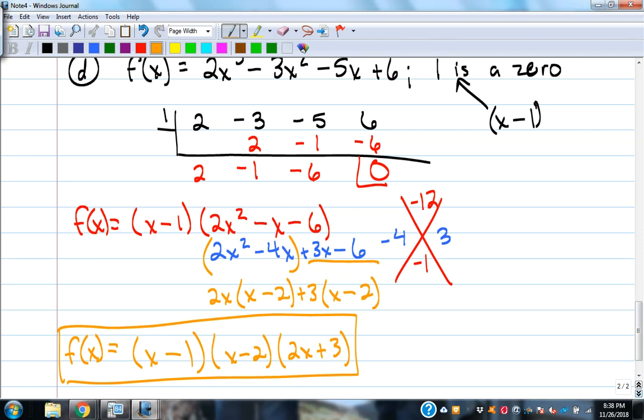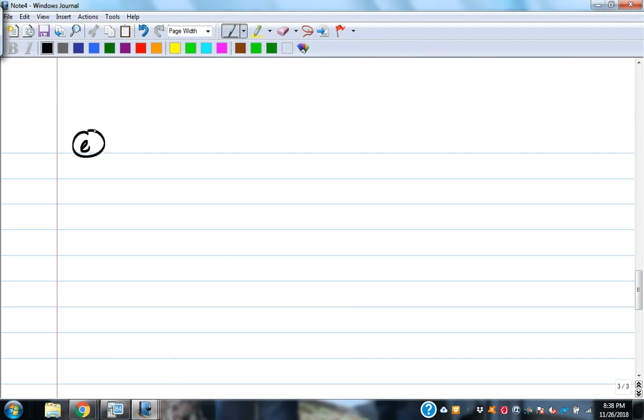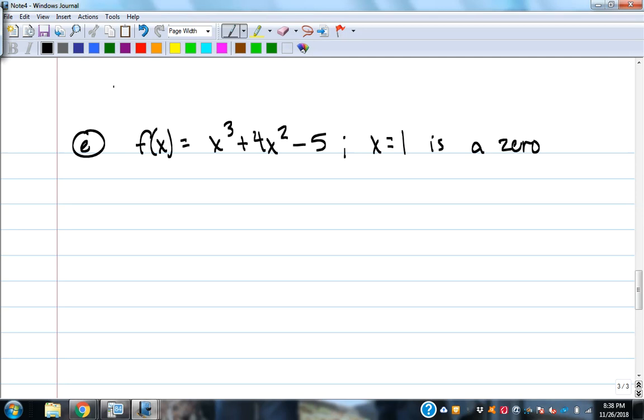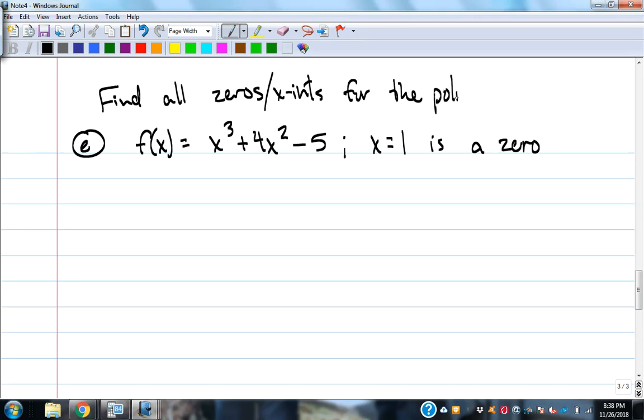Okay, so we've got a polynomial, f of x is equal to x cubed plus 4x squared minus 5. X equals 1 is a 0. Find all zeros, x-intercepts for the polynomial.